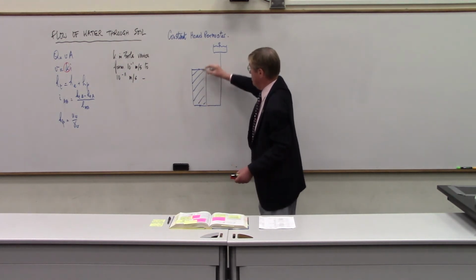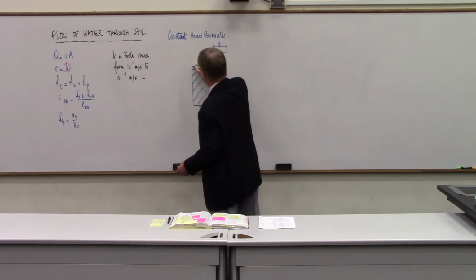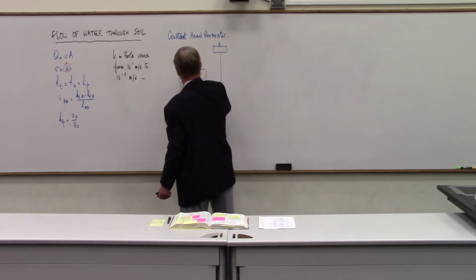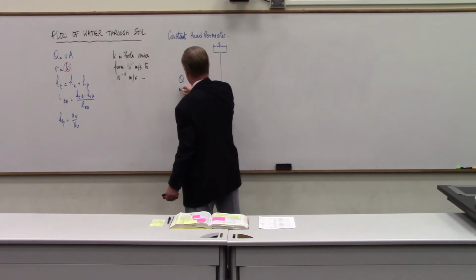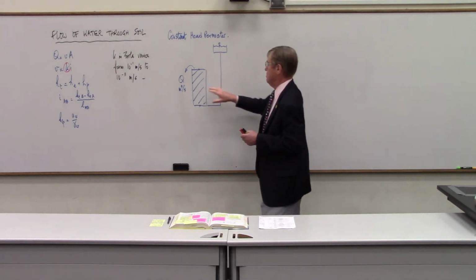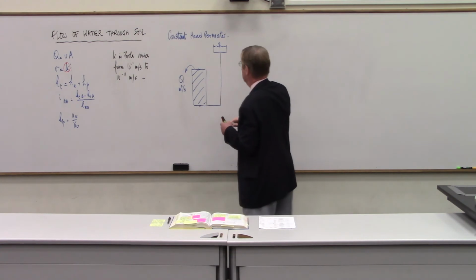It's not the same, the head varies, because right here the water is coming out. And you're measuring the flow Q. So this is cubic meters per second. Very, very small, okay? And we keep that distance constant.